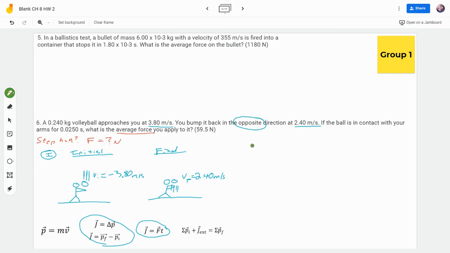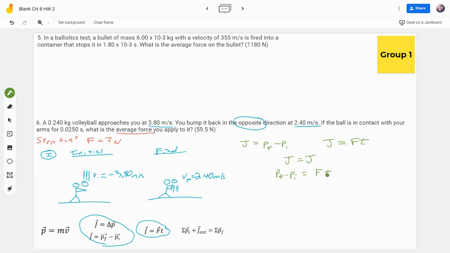So let's see, different ways we can do this. Let's start with this. J equals P final minus P initial. And the other thing we know about J is J equals Ft. So by looking at these two ideas, I'll write it like this. Seems a little bit silly, but J equals J. So P final minus P initial is equal to Ft.